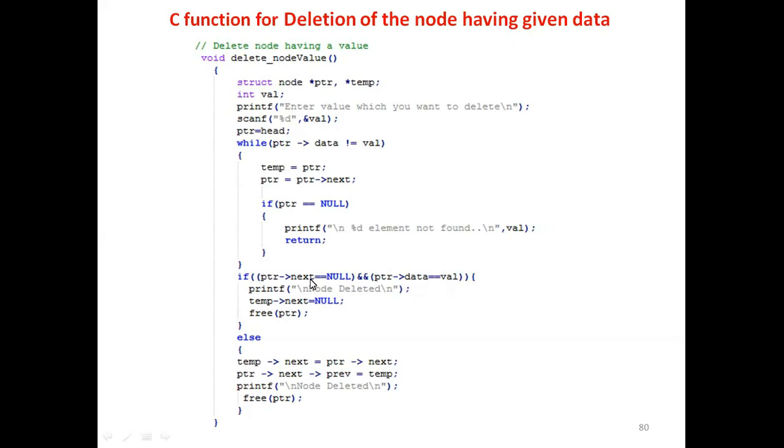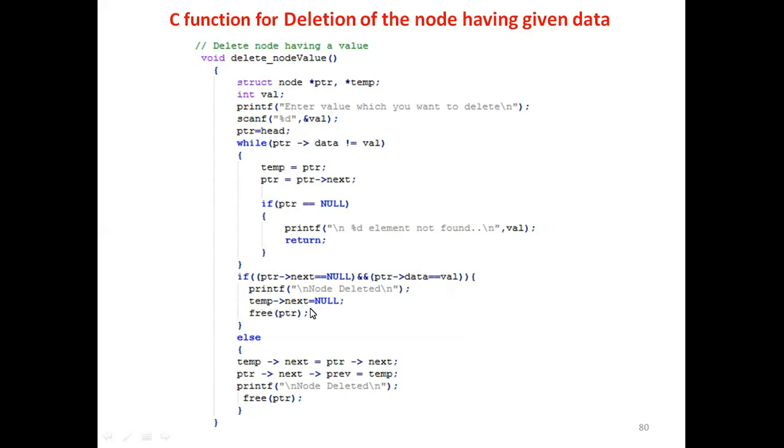Ptr arrow data equals to val, we found it, and then ptr arrow next equals to null. This is actually for the last node. This means we are at the last node and the data value is matching at the last node only. Then what to do?